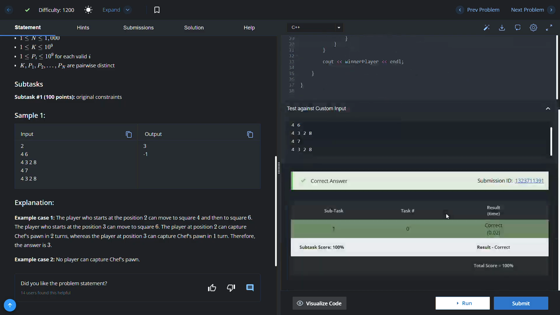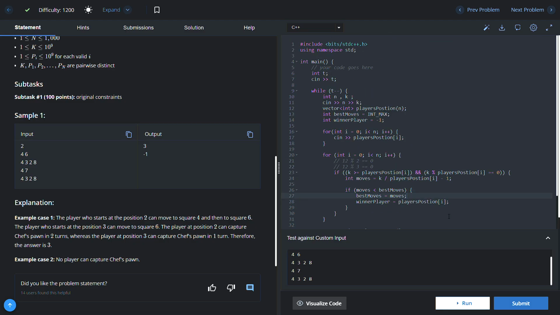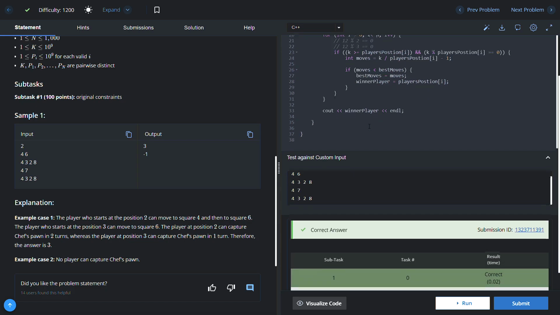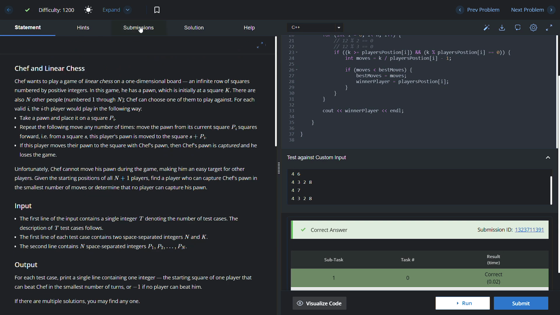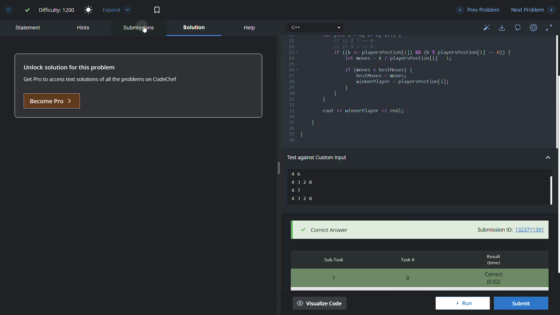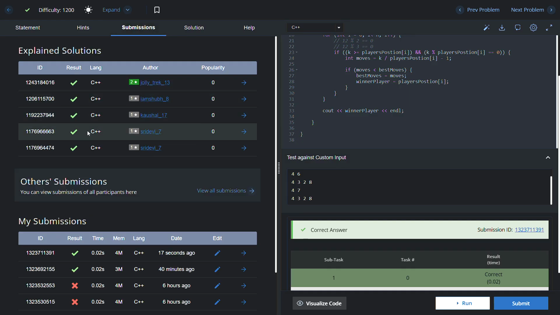Ooh, wow, looks great. And now we can also see other approaches, right? Like go to the solutions, explained very well. That is 2 star, right?